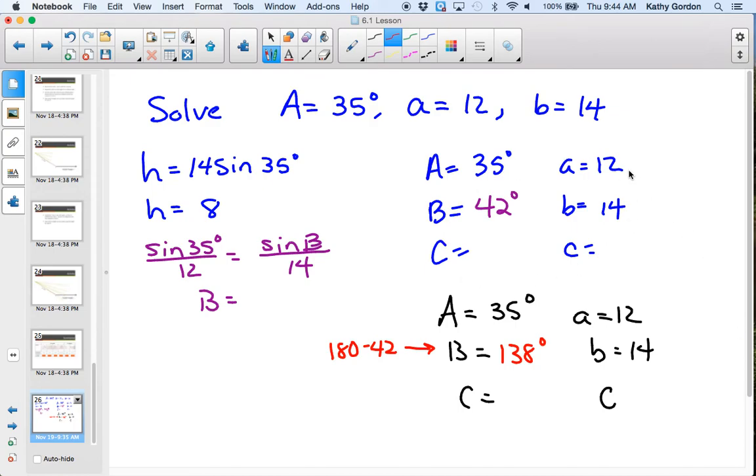So in this case, angle C should be what? 103. Because now if I have two angles, I just subtract from 180 to get the third. And then side C, what do I need to do for that?